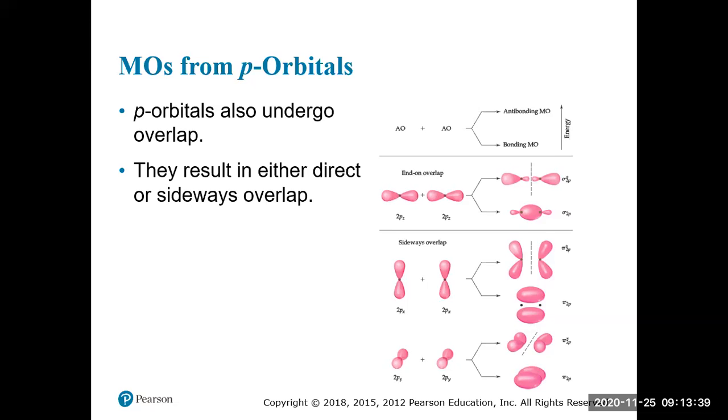When it's a bonding overlap, then we see that above and below the plane of the nuclei, we have electron density overlap. So that winds up with an electron density lobe above and an electron density lobe below the plane of the nuclei.